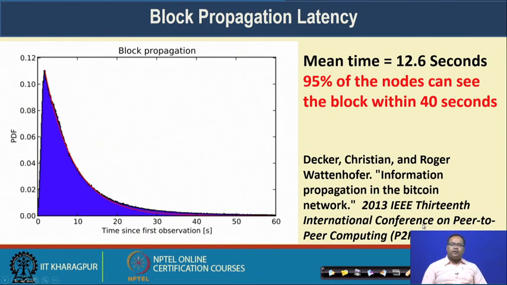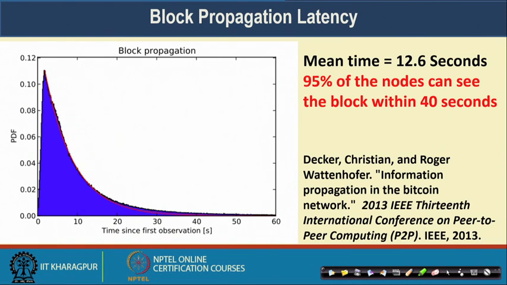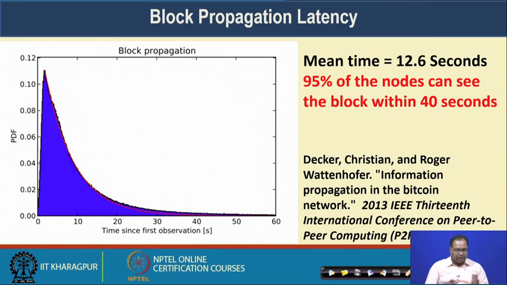So, the interesting fact about this block propagation is the block propagation latency. This is one particular example which was taken from this paper by Christian Decker and Roger Wattenhofer. They have done a lot of statistical study over the Bitcoin network, and they have found the distribution of the block propagation duration.